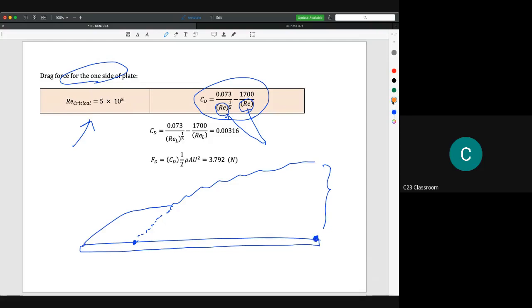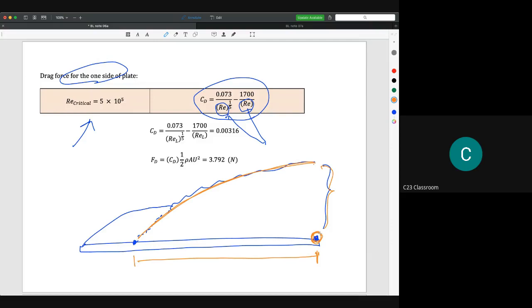So it is okay for us to use the idea of turbulent boundary layer because we take the correct distance. Now we could calculate the delta here based on the turbulent boundary layer and also the shear stress that occurs at the edge of the plate.